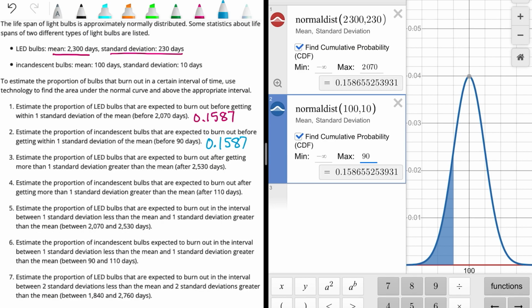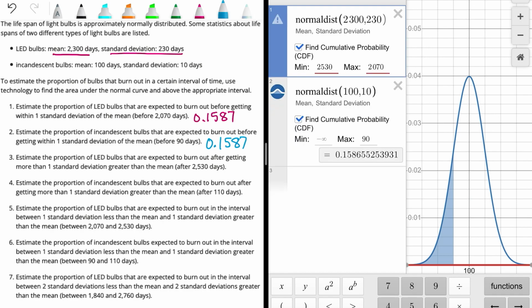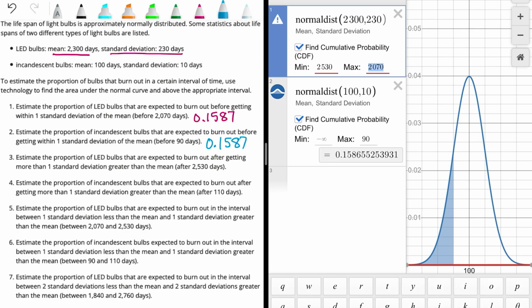All right, so now we're looking at them burning out after getting more than 1 standard deviation greater. So now our lower limit is 2,530. And our maximum, let's see, did we have infinity on here?